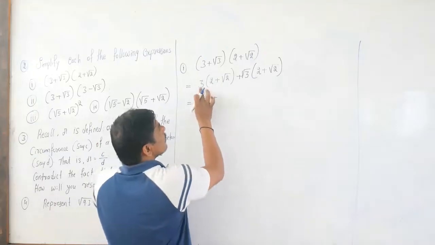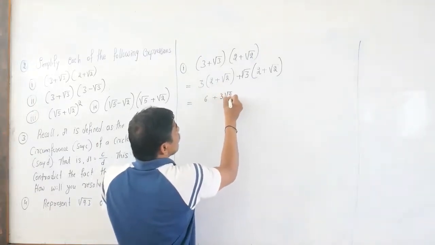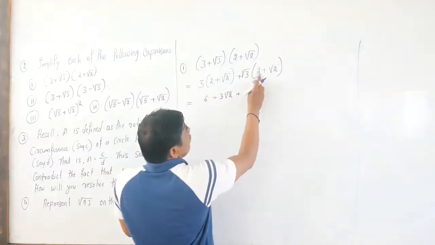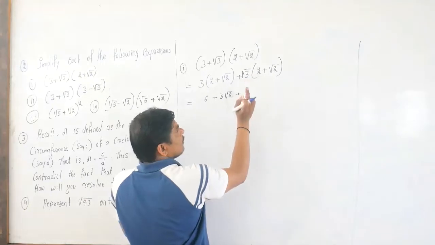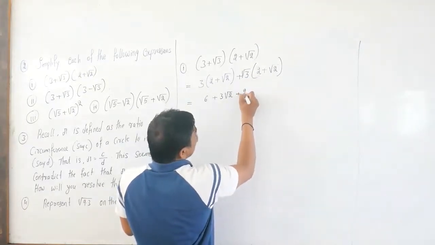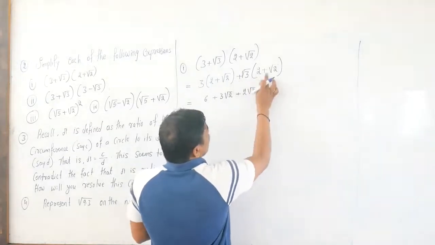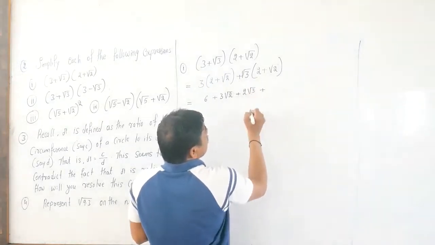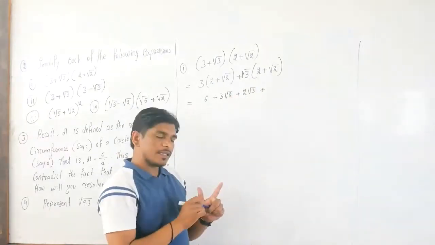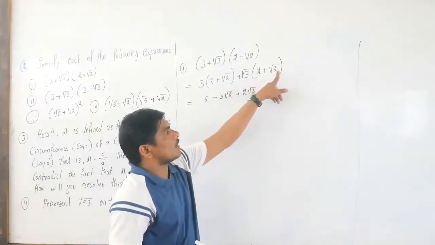The procedure is here 3 into root 2, 3 root 2. And next one, plus, here is a rational and this is an irrational. Now 2 into root 3, 2 root 3. And plus into plus, plus, here both are irrational numbers.